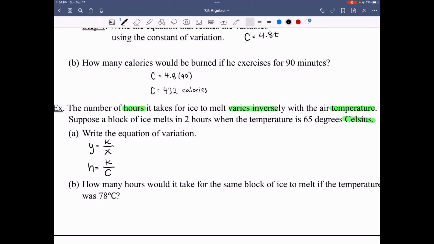Now we can solve for our constant of proportionality by putting in the numbers they gave us. So they gave us 2 hours and 65 degrees.